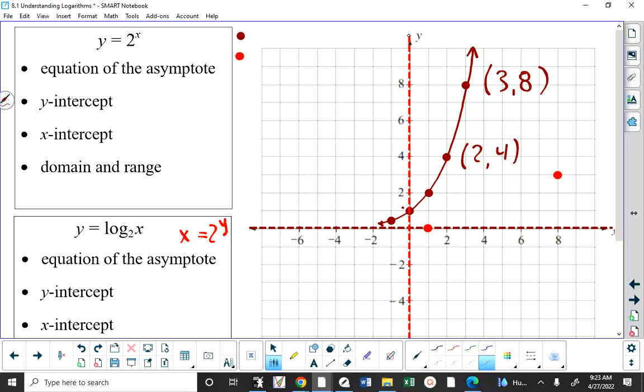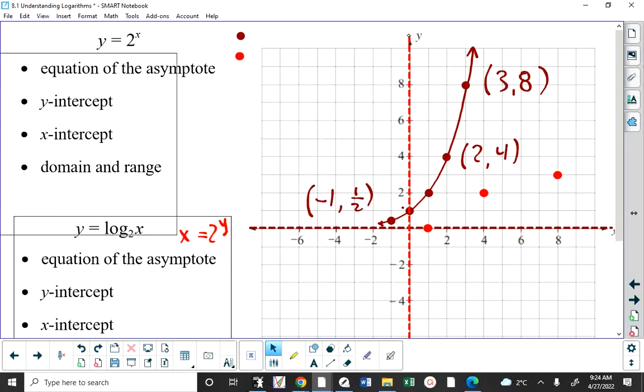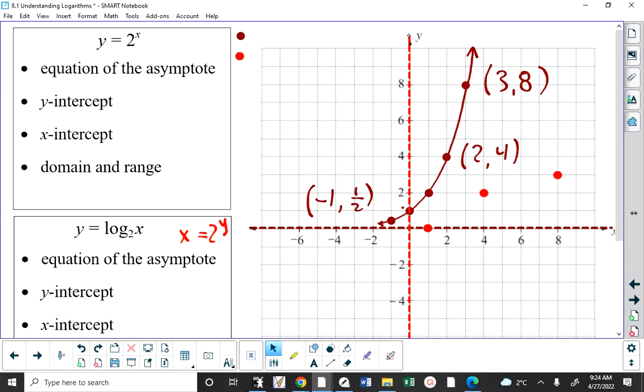If I switch 2 comma 4, I'm going to get 4 comma 2. This point is negative 1 comma a half. If I switch those, it's going to be a half comma negative 1.